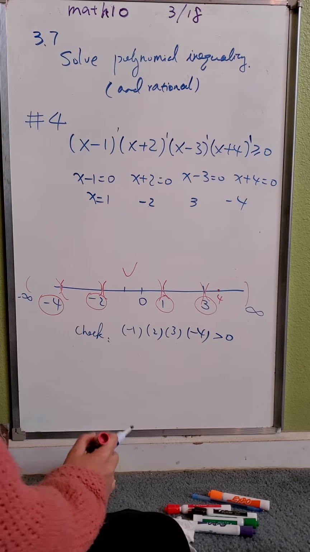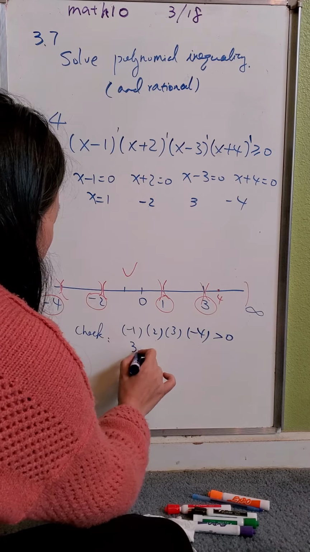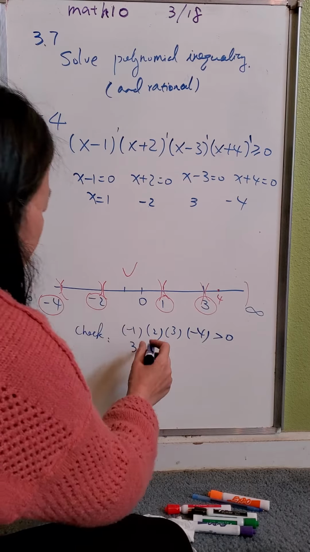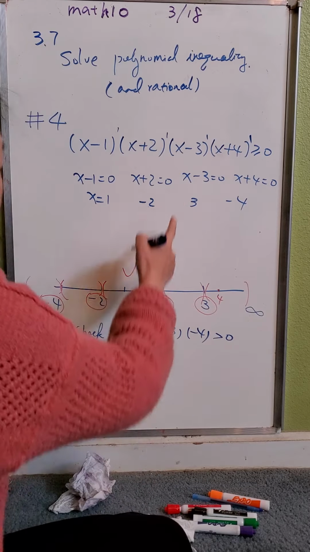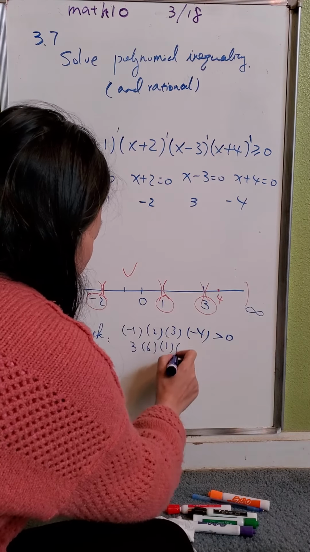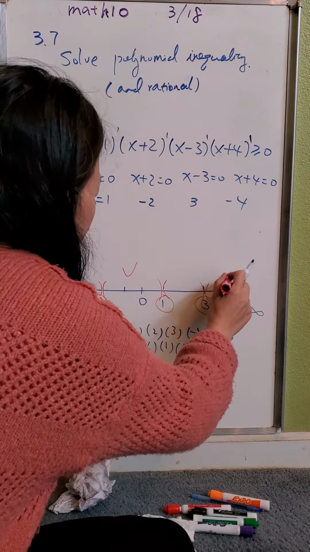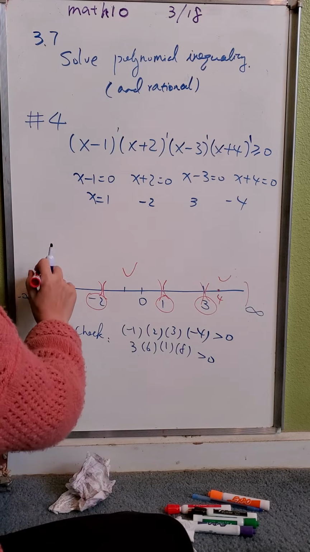Let's see if it works. 4 minus 1 is equal to 3. 4 plus 2 is equal to 6. 4 minus 3 equals 1. 4 plus 4 is equal to 8. If I multiply them together, they are also greater than 0. So that means this one will work. Our prediction is correct.